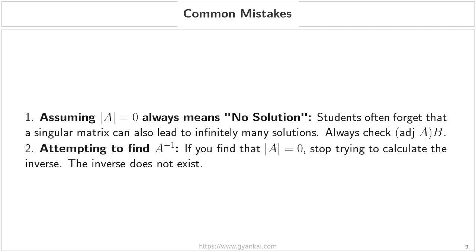Second, once you have calculated the determinant and found that it is 0, please stop trying to find the inverse of matrix A as we learned earlier. The formula for the inverse involves dividing by the determinant, and since division by 0 is undefined, the inverse simply does not exist. Don't waste your time attempting a calculation that is mathematically impossible.